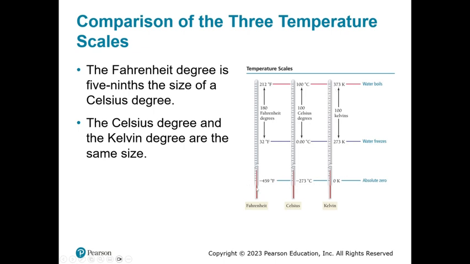Absolute zero. If we didn't use Kelvin, we'd have to use these awkward minus 459 Fahrenheit and minus 273 Celsius. We'd have to use those as correction factors in every single calculation we did. That would be very cumbersome, and I know I would make mistakes, so we don't do that as a community. We always just use the Kelvin scale.